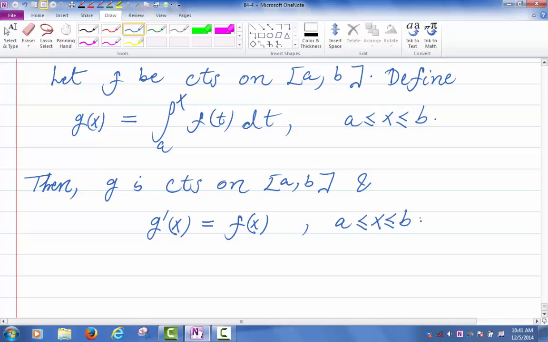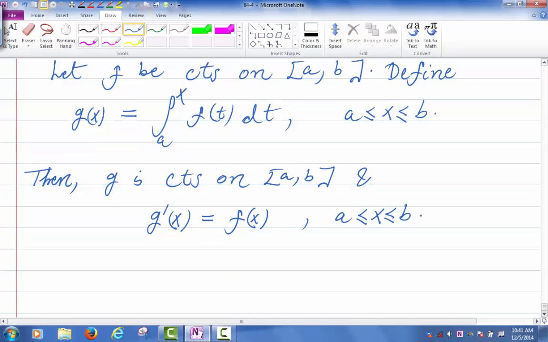Remember, there are infinitely many antiderivatives. They all differ by a constant, right? Okay. So this is what the fundamental theorem part 1 says. If I define a new function like this, which looks like a strange function at first look, I know how to find the derivative of that function very, very easily.